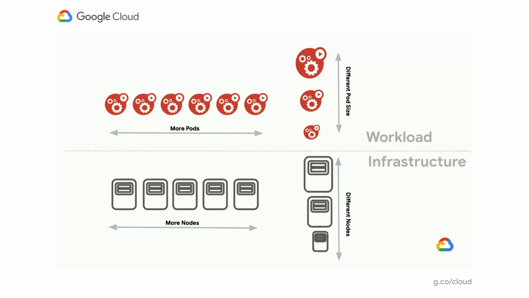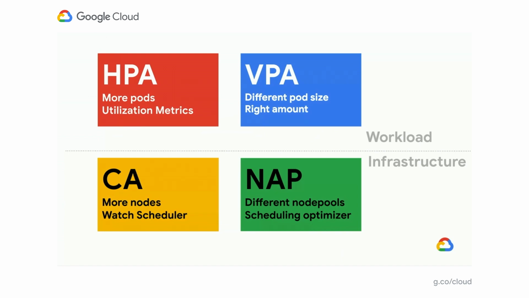This way, Cluster Autoscaler can always keep the most optimal, meaning cheapest, configuration of your cluster. So, in summary, GKE is offering four dimensions of autoscaling to help you optimize cost and performance of your workloads. So, how did OpenX use them to optimize for cost?